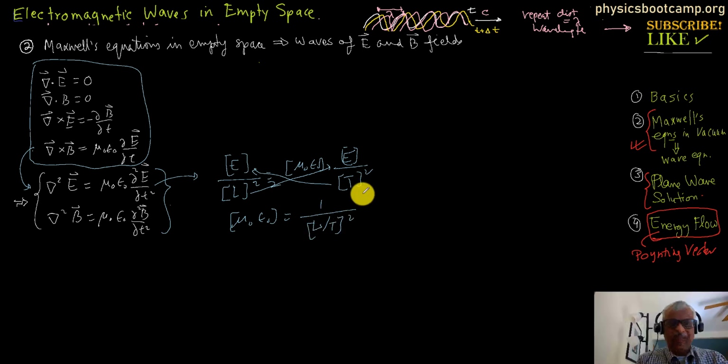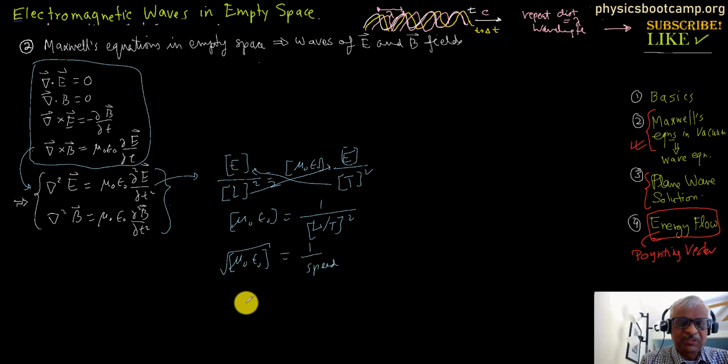So mu naught epsilon naught is, the square root of this has the dimension of 1 over speed, and that's what turns out to be the speed of light. We just multiply, it is 1 over square root of mu naught epsilon naught. So this is a wave.